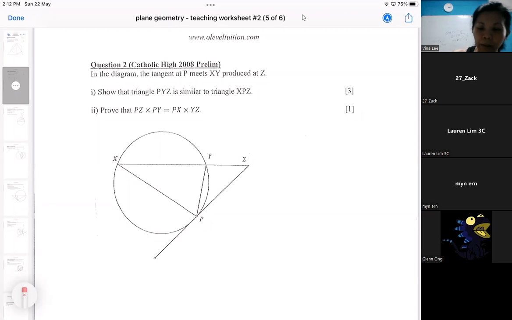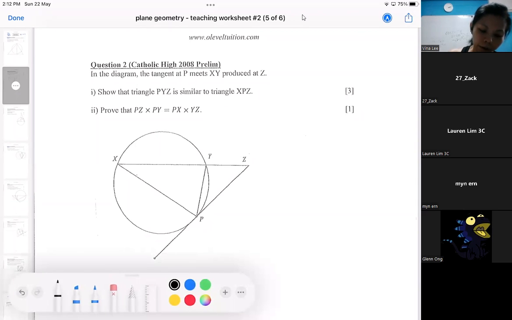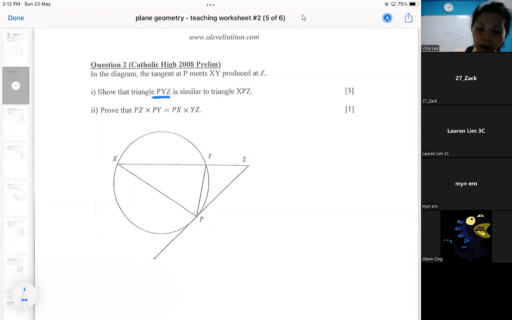Okay, so I'm going to show you part 2 first. So assuming you couldn't do your part 1, again, go and color the triangle PYZ.